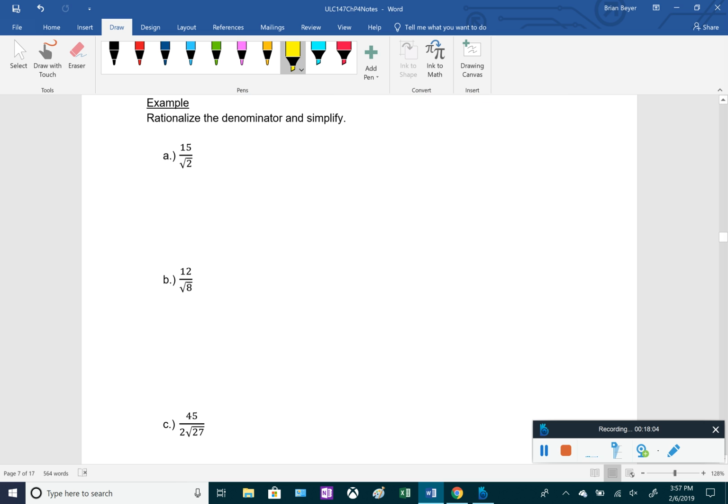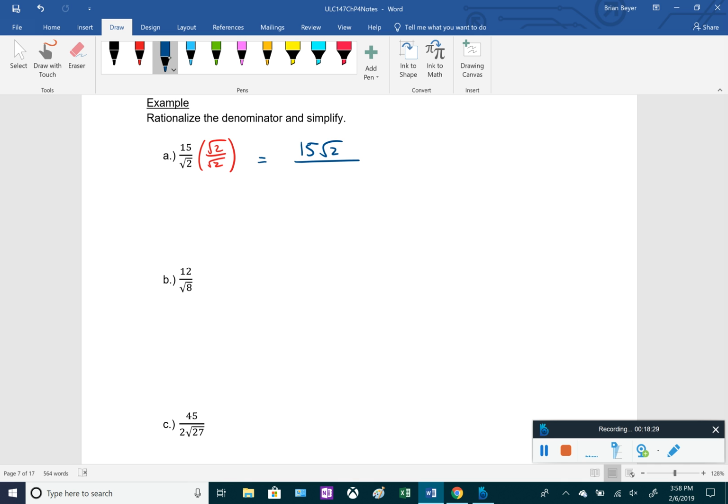So let's rationalize the denominators, make the denominators a rational number. So 15 over radical 2. So what we have to do is multiply the numerator and denominator by the irrational number of radical 2 from that denominator. So what this is going to do, in the numerator we're going to get 15 radical 2.